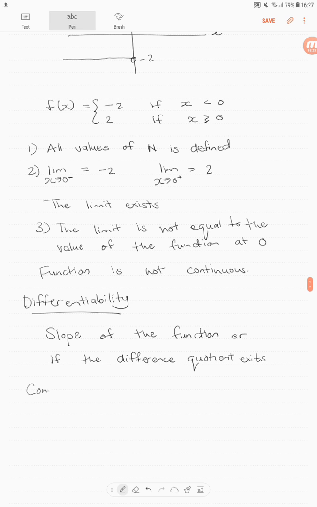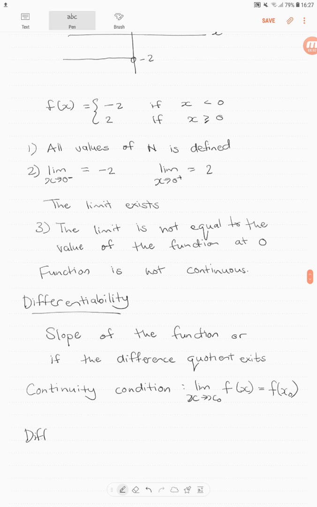So our continuity condition says that the limit as x approaches x0 of the function f(x) is equal to f of x0.